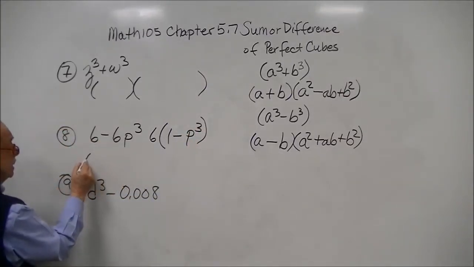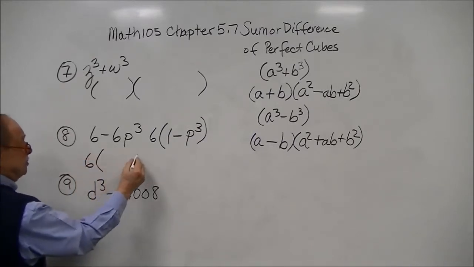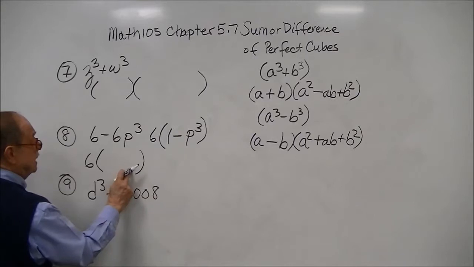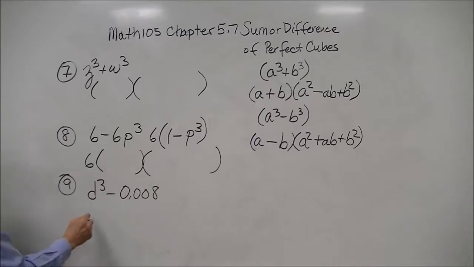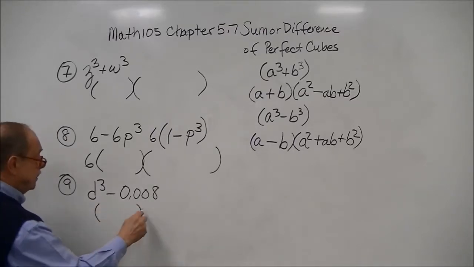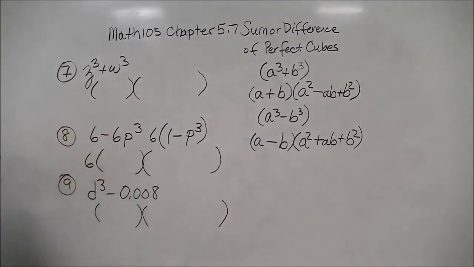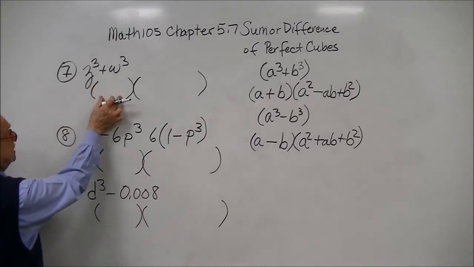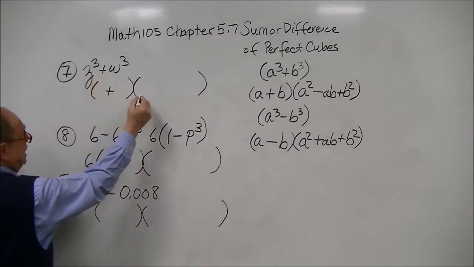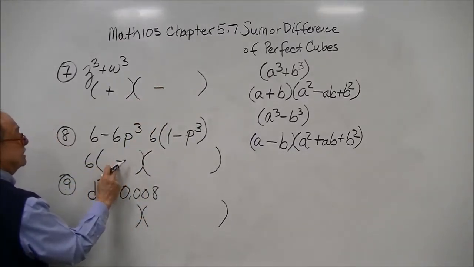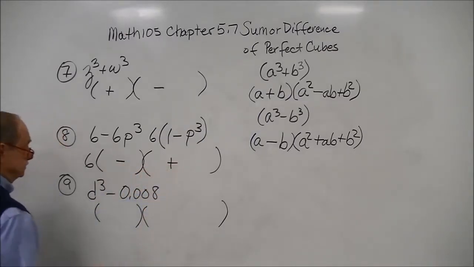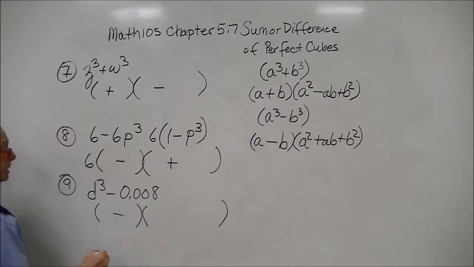So here we're going to have to include the 6, but parenthesis now for 2, and then parenthesis for 3 terms, and parenthesis for 2 terms, and parenthesis for 3 terms. Now let's get our signs. So in the parenthesis for 2 terms, a plus, and then opposite sign there, a minus, opposite sign there, a minus, and opposite sign there.